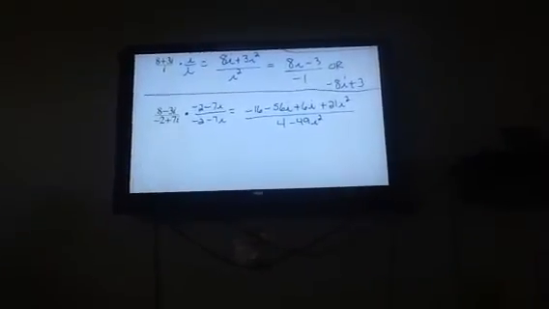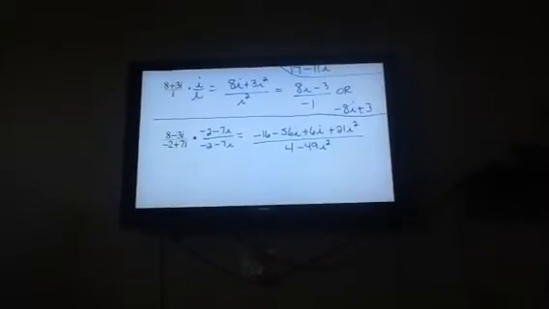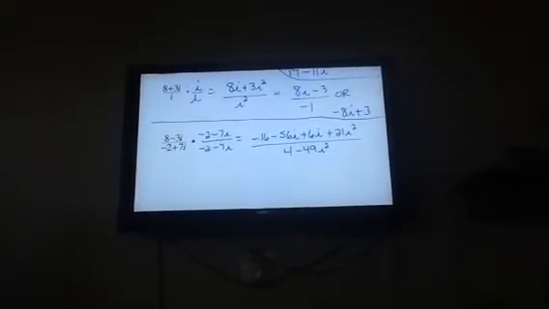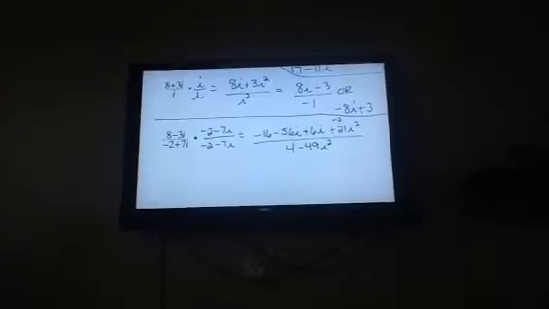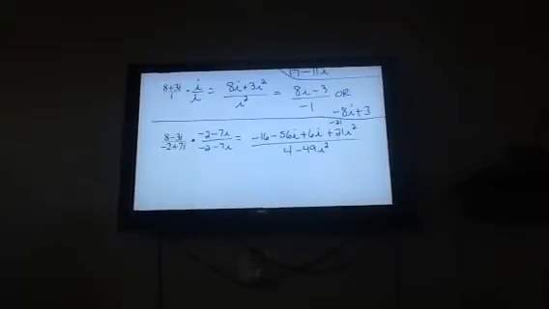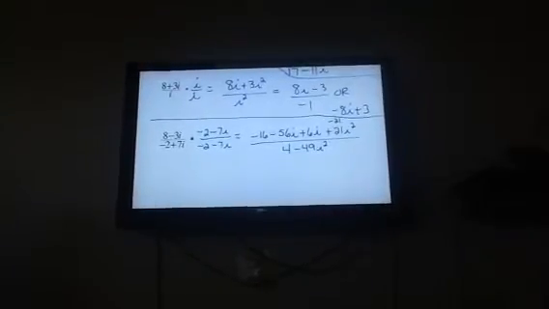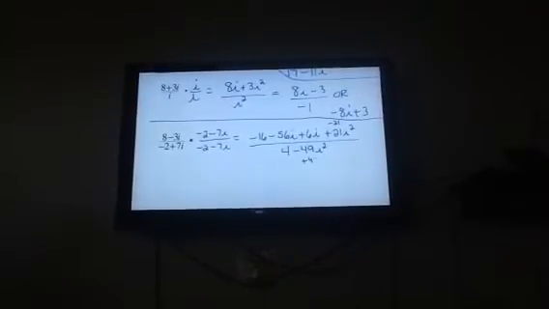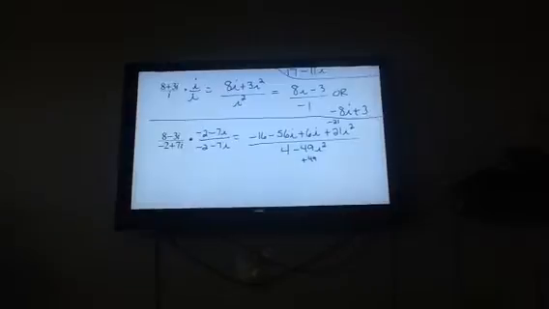Okay, my plus 21i squared in the numerator is actually a minus 21. And my minus 49i squared in the denominator is actually plus 49, because it's minus 49 times negative 1.